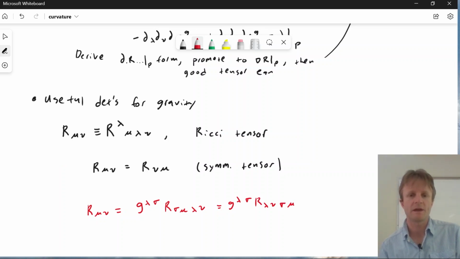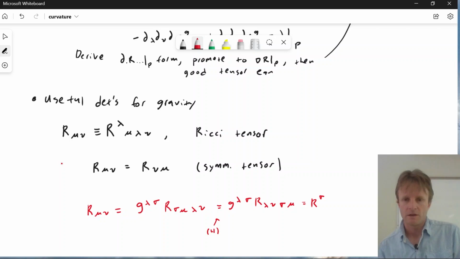Interchange pairs. And then that's just the definition of raising the index, R sigma nu sigma mu, which is then the same thing as R nu mu. That's the proof.